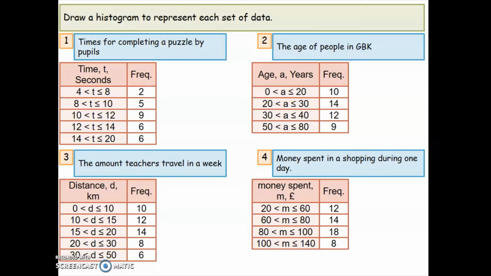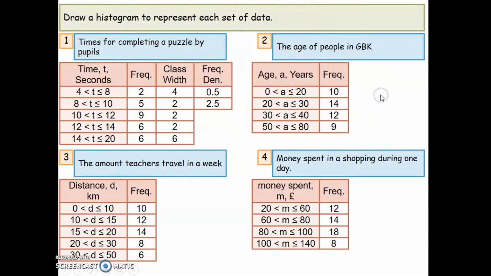Okay, welcome back. I'm going to show you my solution. So at first, I'm going to show you my completed tables. So you can see for question 1, I've started with class width, and then I went on to apply the calculation to work out frequency density.